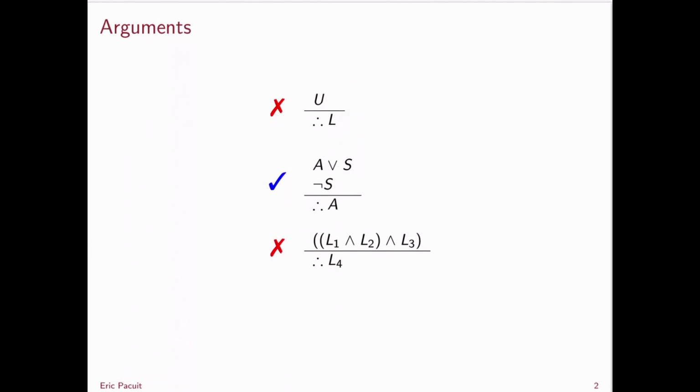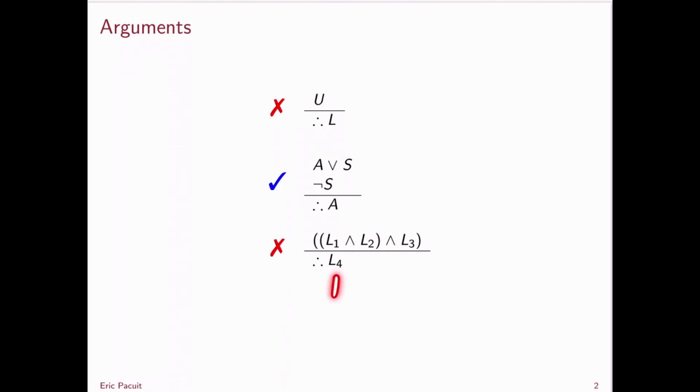Similarly, for the third argument, we will introduce an atomic proposition for each week that Anne brings her laptop to the lecture. So L1 means that Anne brought her laptop to lecture 1. L2, Anne brought her laptop to lecture 2. L3, Anne brought her laptop to lecture 3.